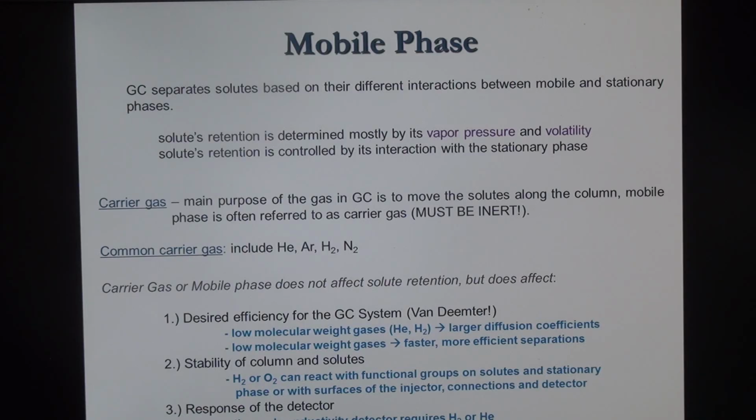They also affect the response of the detector. Some detectors require a certain carrier gas, such as hydrogen, because some detectors require very high temperature, so they need to make a flame. And to make a flame with high temperature, we need to use hydrogen gas.